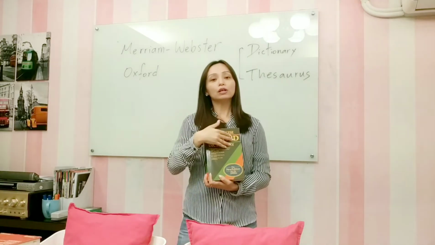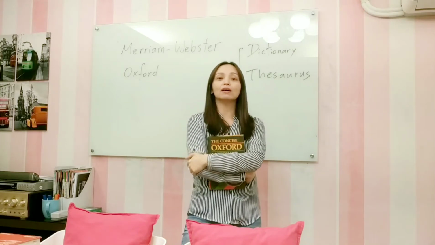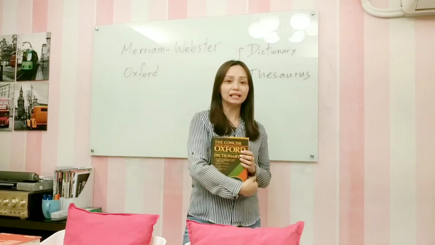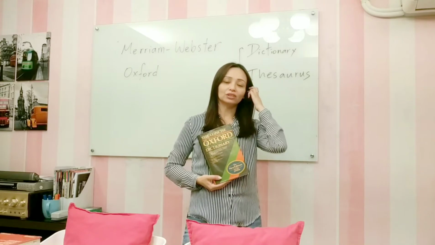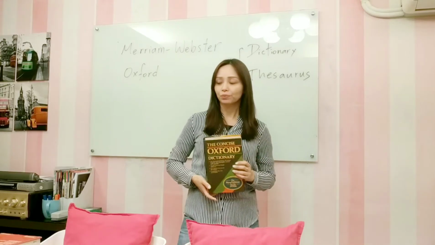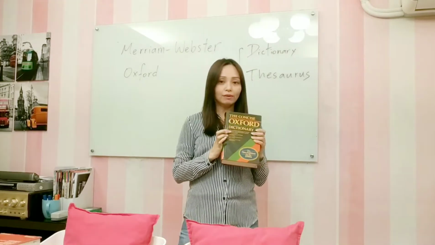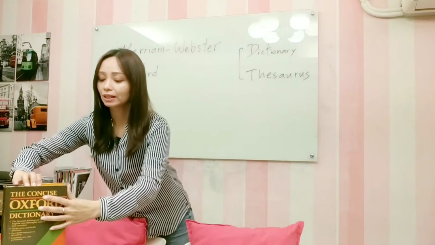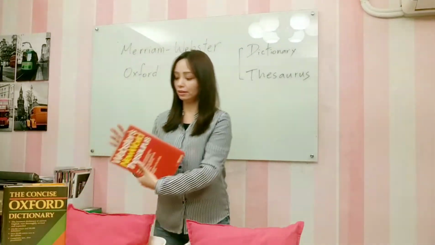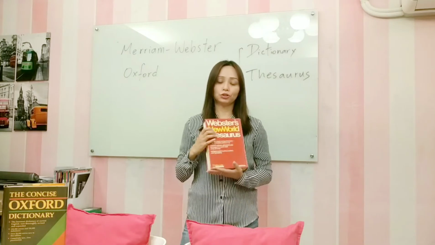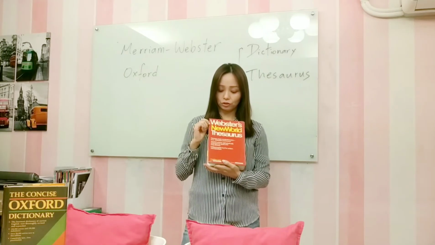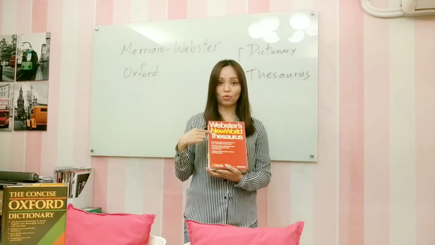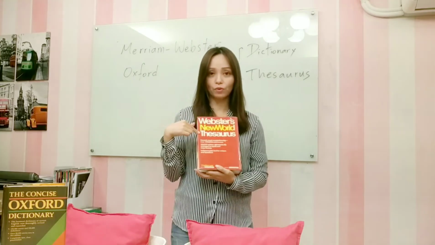Now, there are usually two kinds of tools that you'll need when you study English in school. One is a dictionary, and then usually English teachers would ask students to get a thesaurus. Yes, a thesaurus.